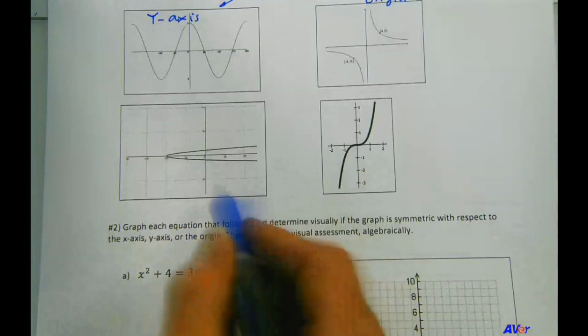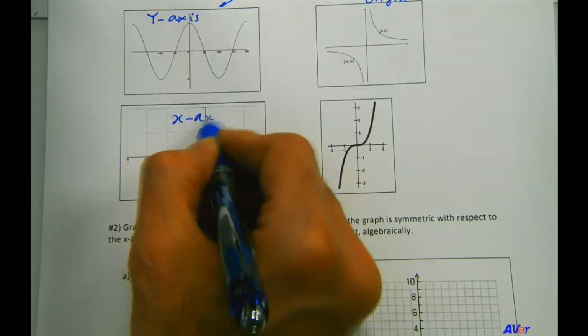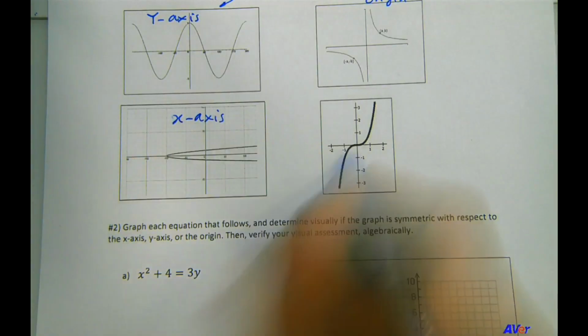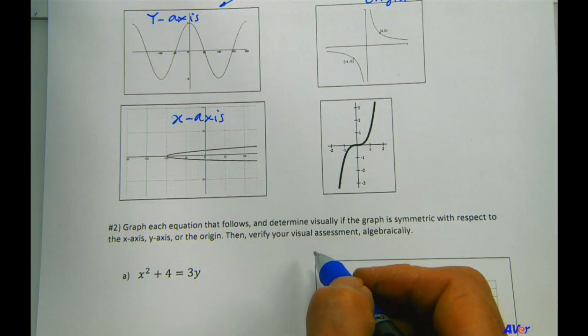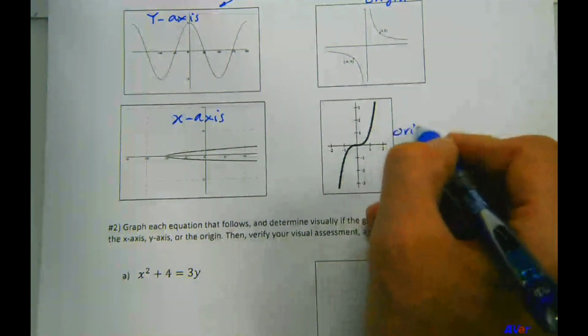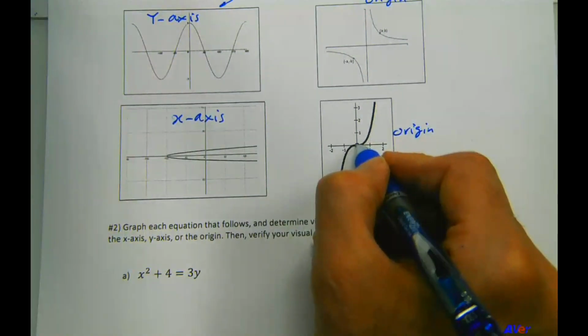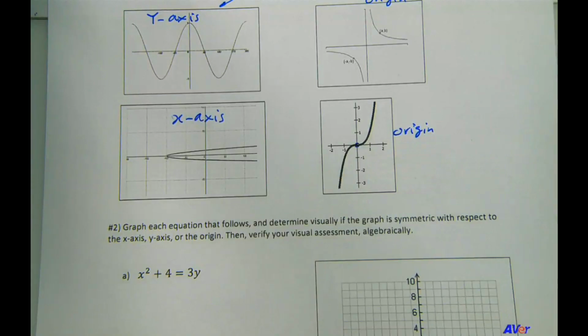It's symmetric with respect to the x-axis. Right? How about this one? Symmetric with respect to the origin. And that's the graph of the famous cubic function, and we know the cubic function is symmetric with respect to the origin.